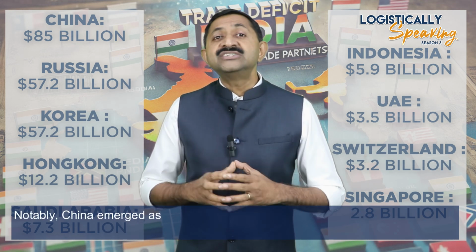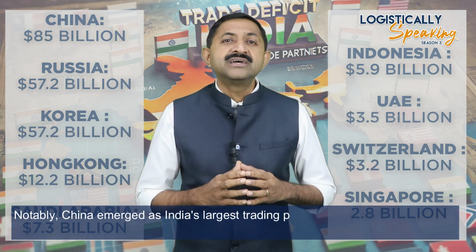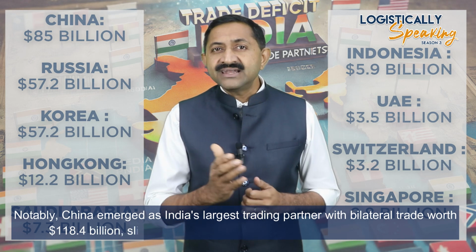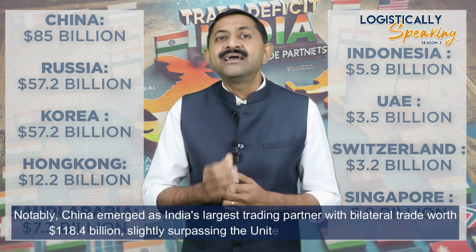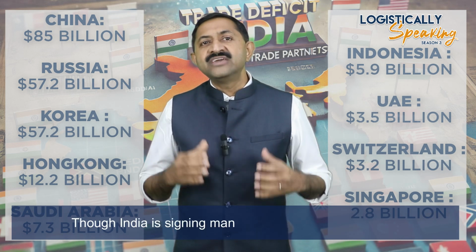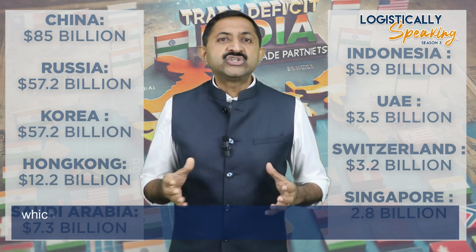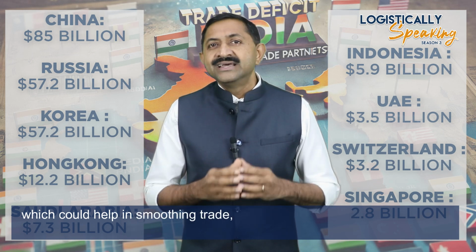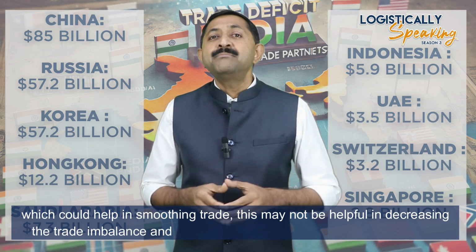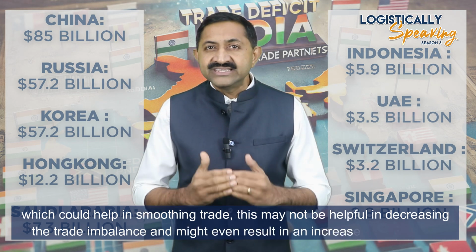Notably, China emerged as India's largest trading partner with a bilateral trade of 118.4 billion, slightly surpassing the United States at 118.28 billion. Though India is signing many FTAs with many countries which could help in smoothing trade, this may not be helpful in decreasing the trade imbalance and might even result in an increased trade deficit.